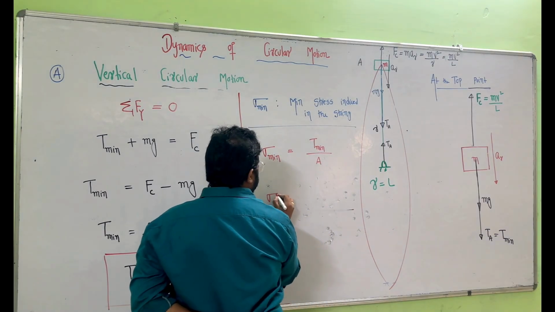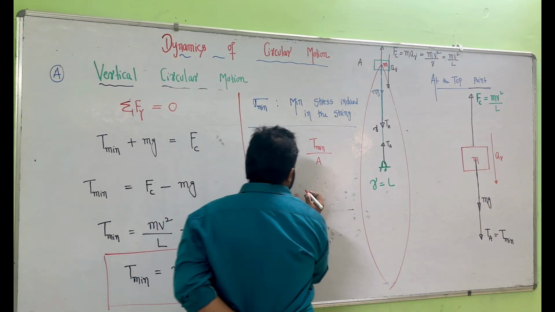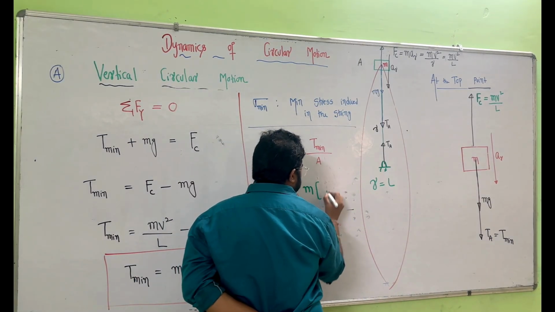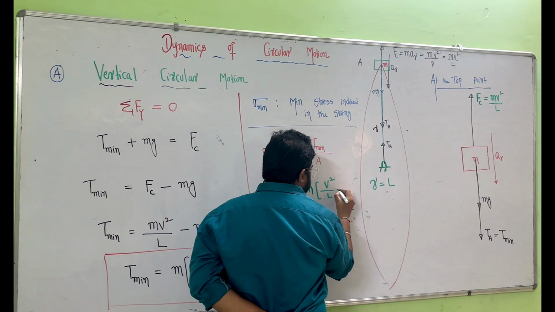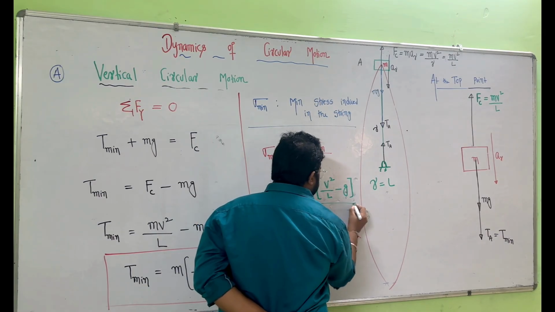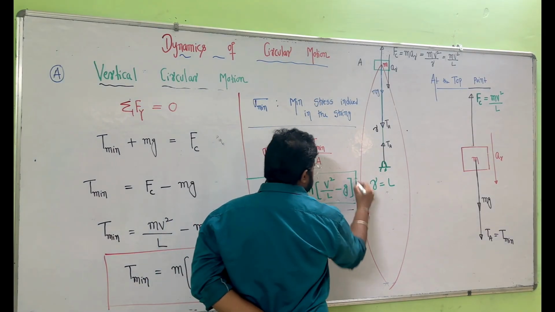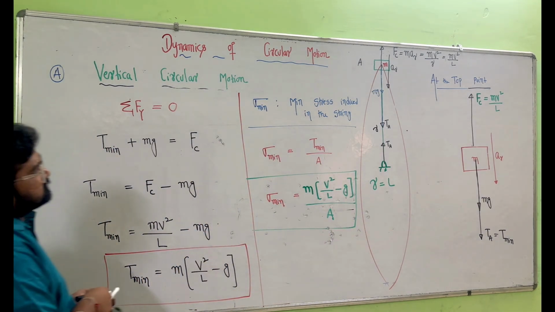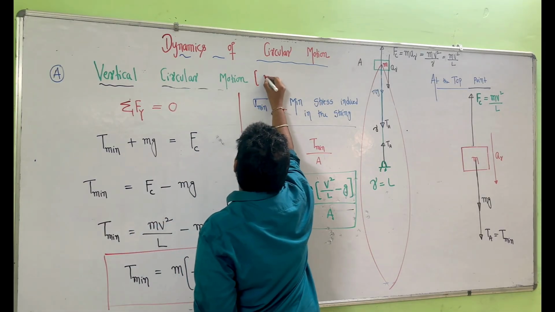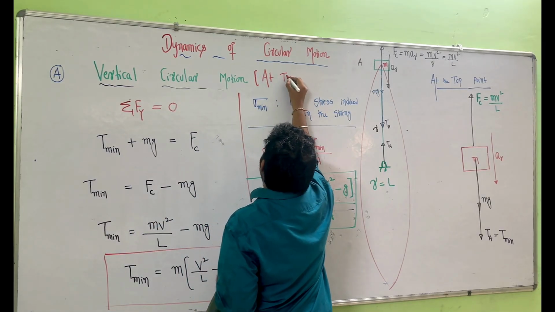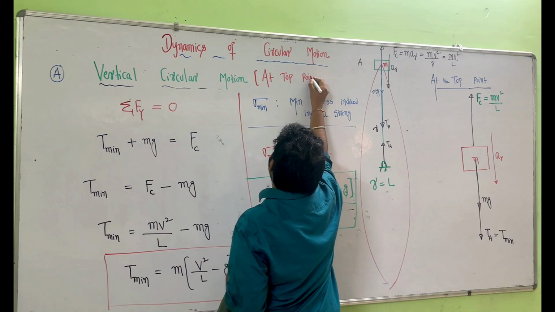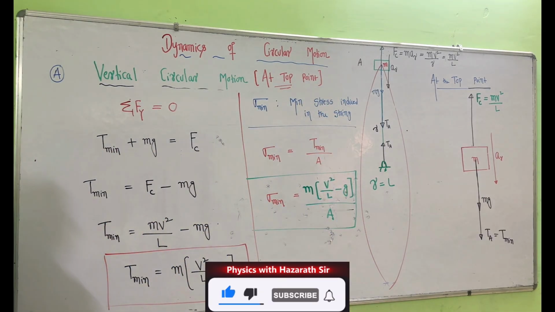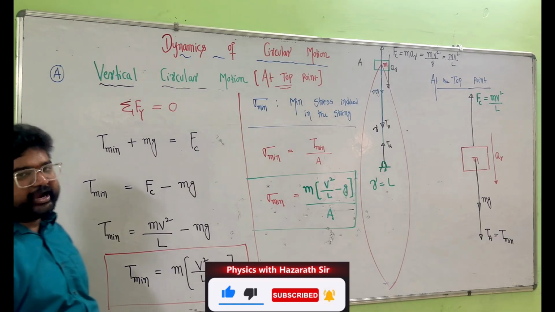So then sigma minimum equals M V square by L minus G, by area A. This is at the topmost point. Vertical circular motion at the top point. Understood?